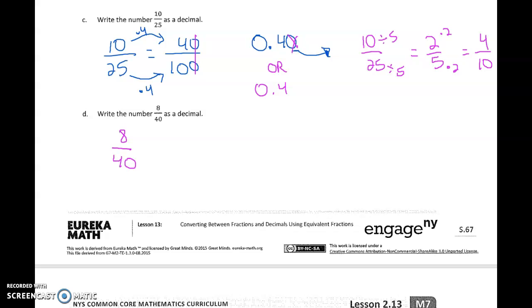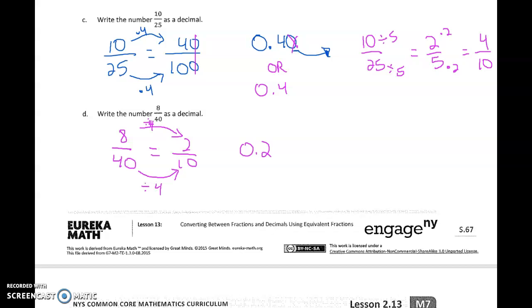If I'm looking at tenths or hundredths, I can make 40 into 10 by dividing by 4. If I divide the bottom by 4, I have to do the same thing to the top. 8 divided by 4 is 2. That's 2/10. You can just write it like this because this is the tenths spot.